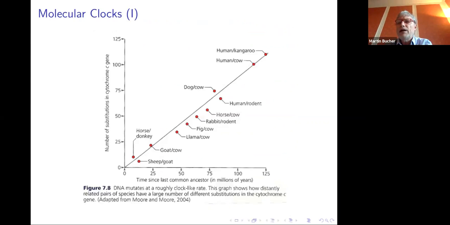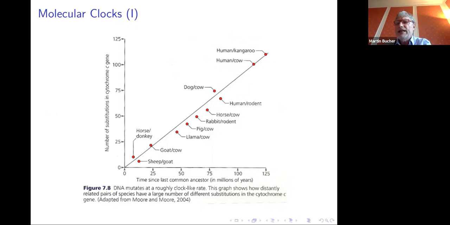Okay, so the other thing about mutations, and this was very controversial for a while, is using mutations as a molecular clock.